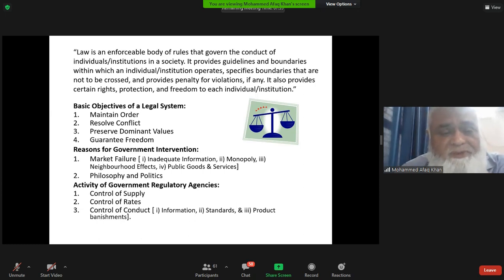As a result of government intervention, philosophy is not just a negative connotation. Sometimes there is a concern for the new government to bring a change in the law in line with the requirements of society at large.